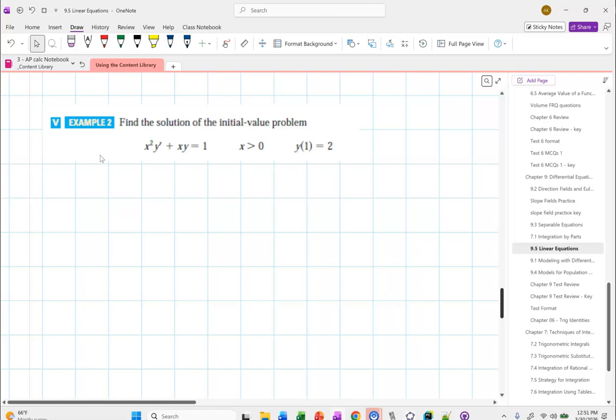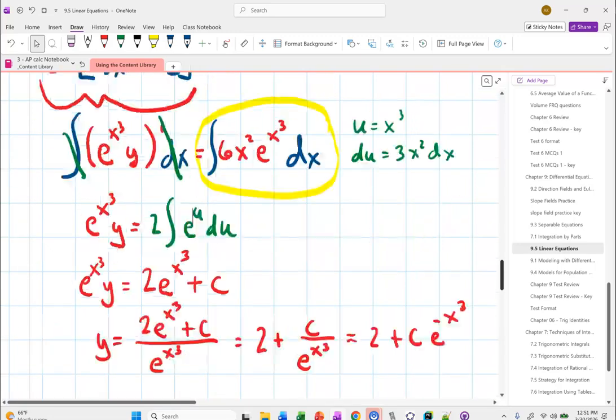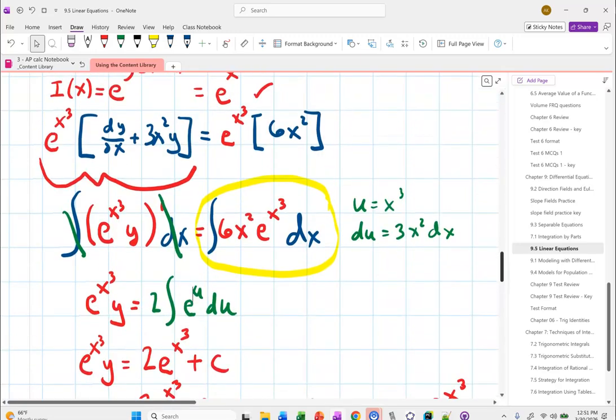Okay. Yes. Anthony? Could I do a u sub problem and do it as integration by parts? If I did the last problem as an integration by parts problem instead of a u sub. Maybe?